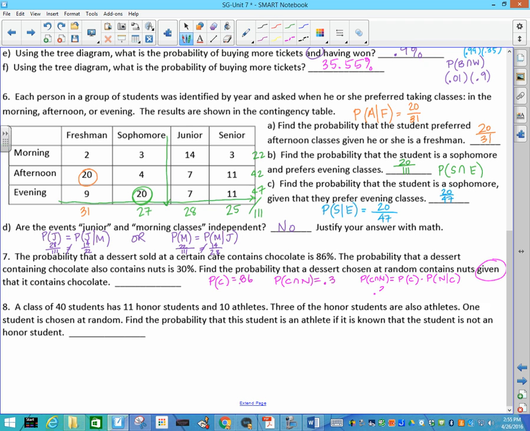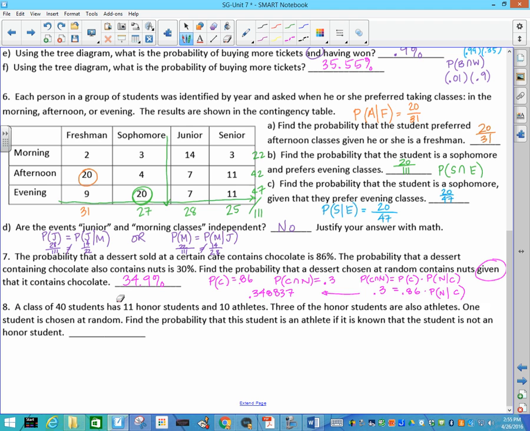This is 0.3 equals 0.86 times the probability of nuts given chocolate. So I'm going to divide by 0.86, and 0.3 divided by 0.86 gives me a decimal of 0.34837. So let's put 34.9%.